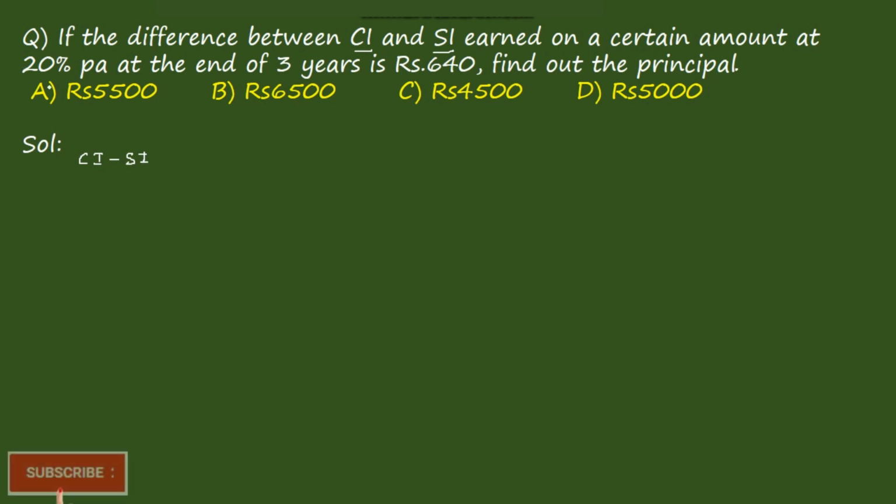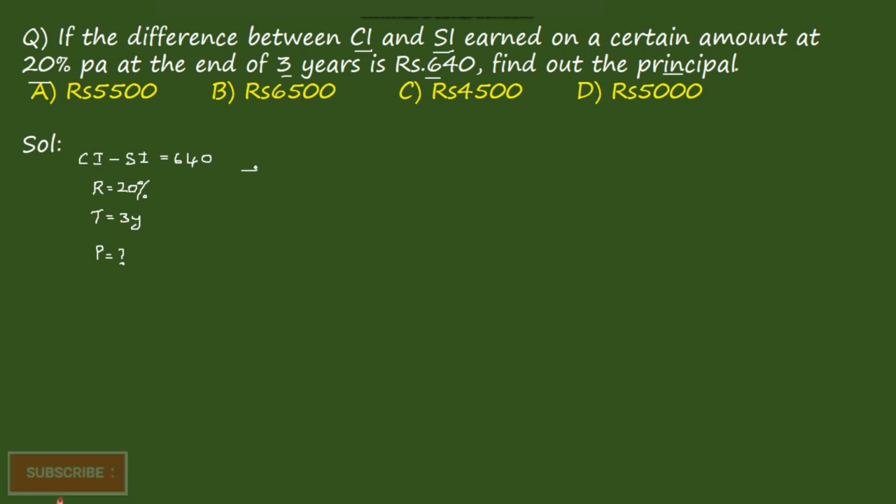The rate is 20%, the time is 3 years, and the difference between these two is 640. They're asking us to find the principal.